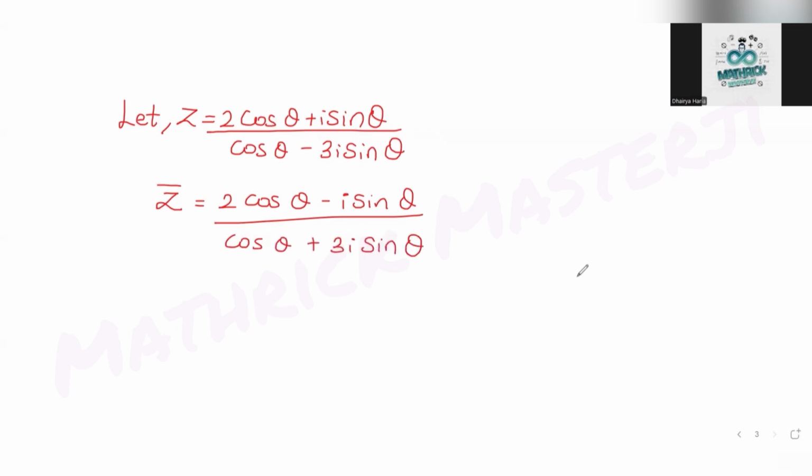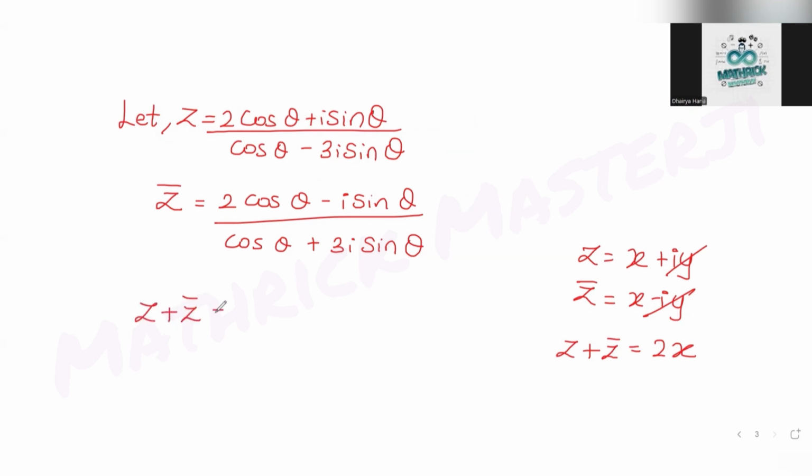Whenever z is x plus iy, its conjugate is x minus iy, where x is the real part and y is the imaginary part. The sum of the two cancels the imaginary part and doubles the real part, so 2x. So z plus z bar is 2 times the real part of z.